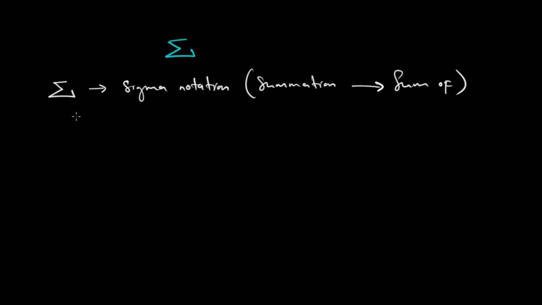So the sum of r squared from r equals 1 to r equals 4, this is an example. We can also have another situation where we have the sum of r squared from r equals 1 up to infinity. So that's summation.